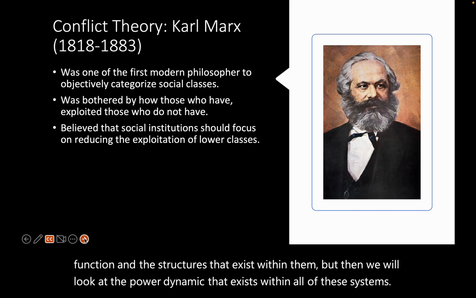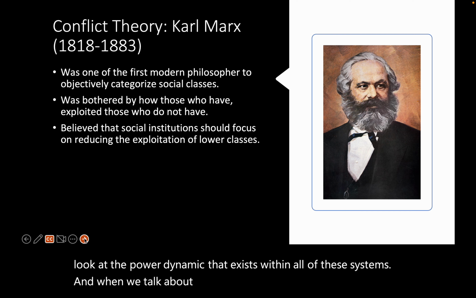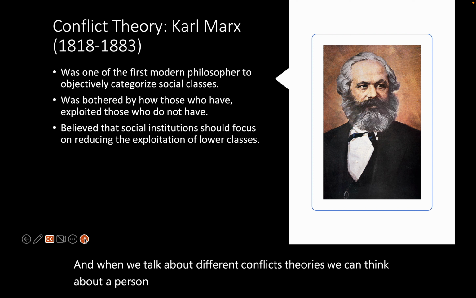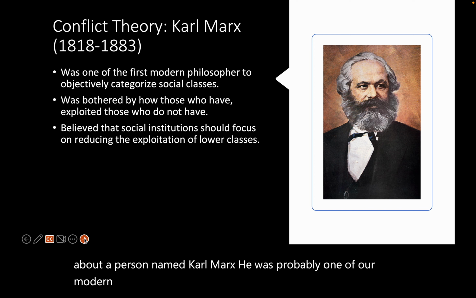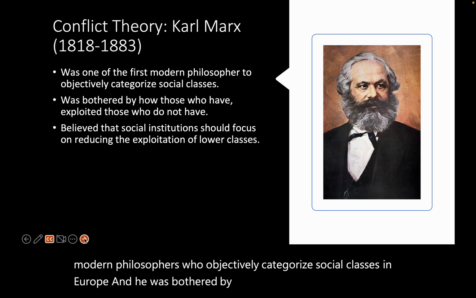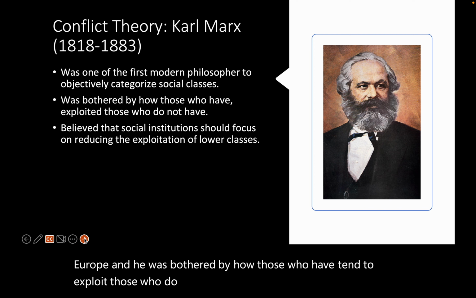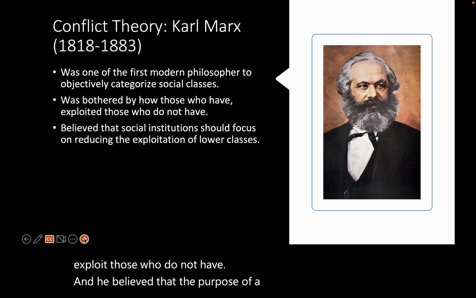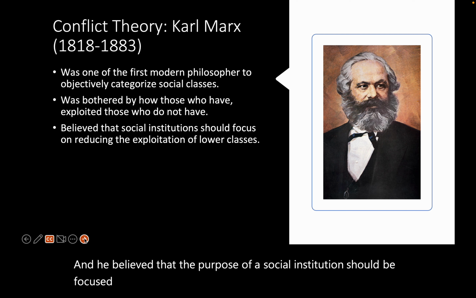And when we talk about different conflict theories, we can think about a person named Karl Marx. He was probably one of our modern philosophers who objectively categorized social classes in Europe. And he was bothered by how those who have tend to exploit those who do not have. And he believed that the purpose of a social institution should be focused on reducing the exploitation of the lower class.